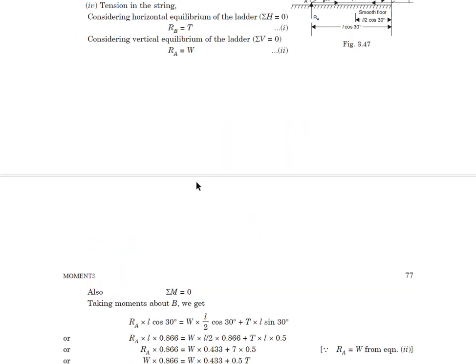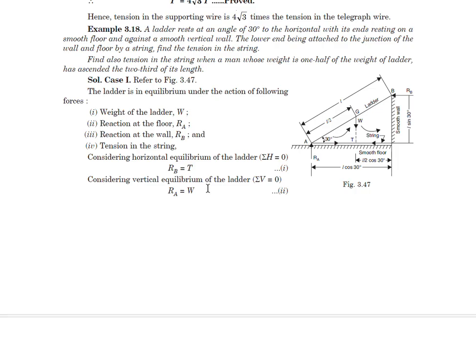3.18. A ladder rests at an angle of 30 degree to the horizontal with its ends resting on a smooth floor and against a smooth vertical wall, the lower end being attached to the junction of the wall and floor by a string.